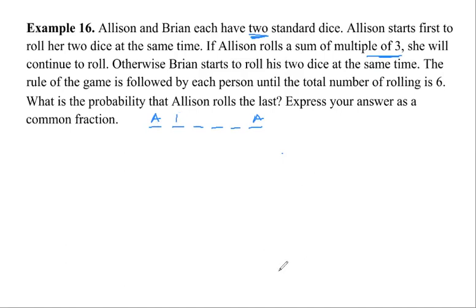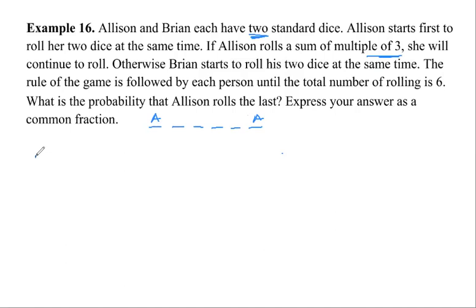But how do you know which person is winning and which is losing? There are too many cases, especially with 6 rolls. So let's think about 2 different cases. I could have every single one of these spots be A, which means Allison keeps getting multiples of 3. That is one possible option. Allison could win every time, all multiples of 3.